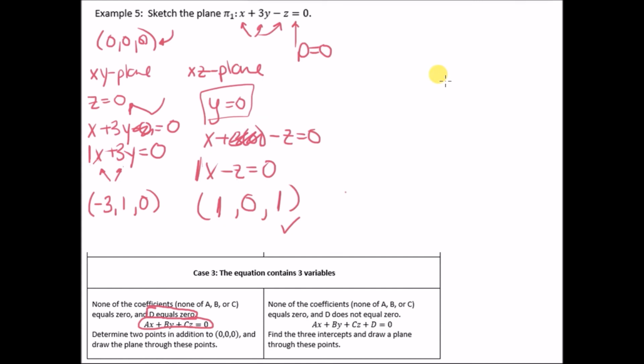Okay, so now let's actually plot. We draw the x, y, and z axis. X is always popping out at us, y is always to the right, and z is always vertical.